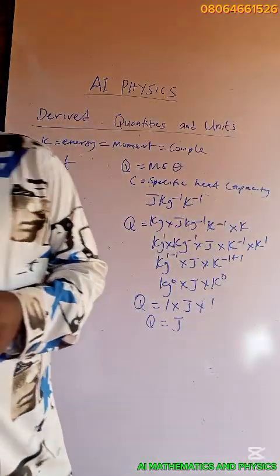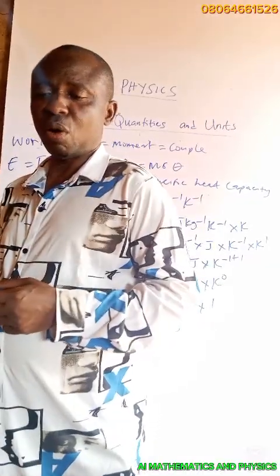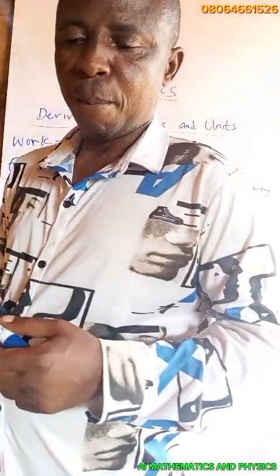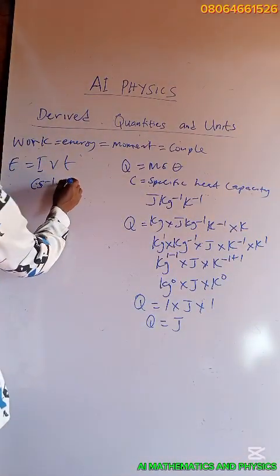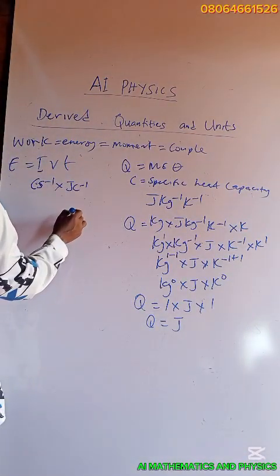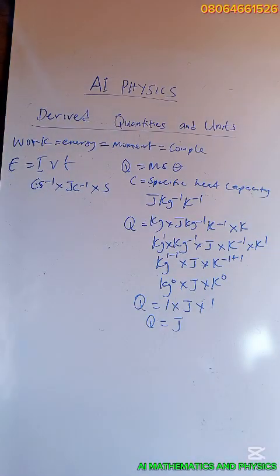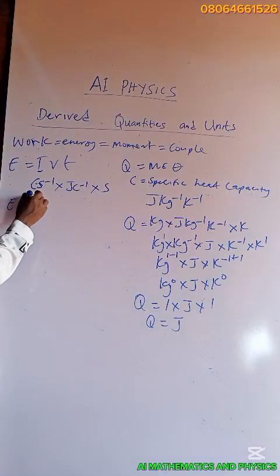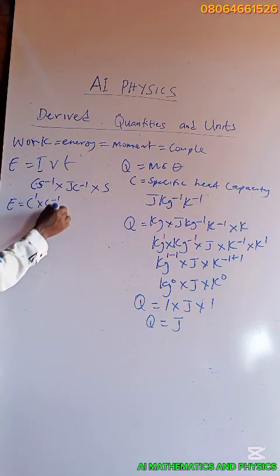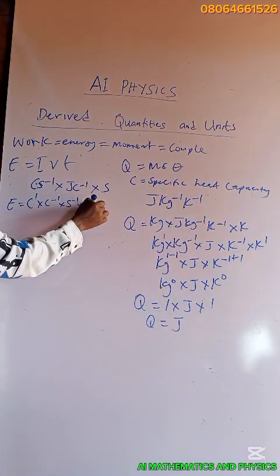And voltage is joule per coulomb, times seconds. You can see that our energy is equal to, just like what we did here, coulomb raised to 1 times coulomb raised to minus 1 times seconds raised to minus 1 times seconds.